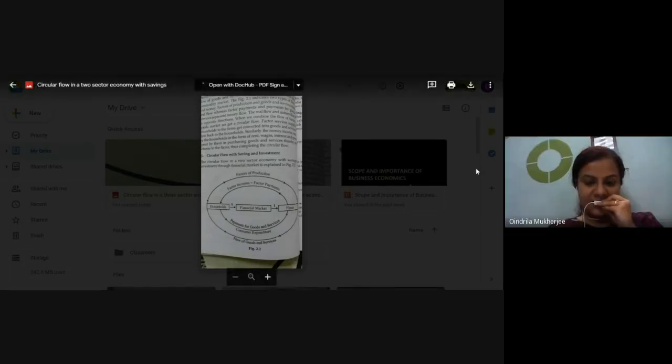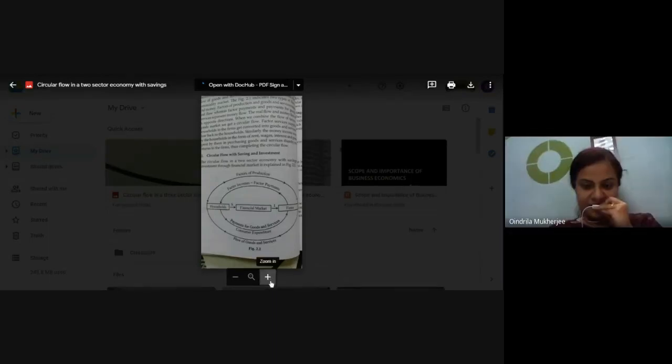Just say yes. Yes, ma'am. Okay, please draw this diagram, then I will discuss with you guys. Draw this diagram. Ma'am, can you zoom it more? One second, I will.